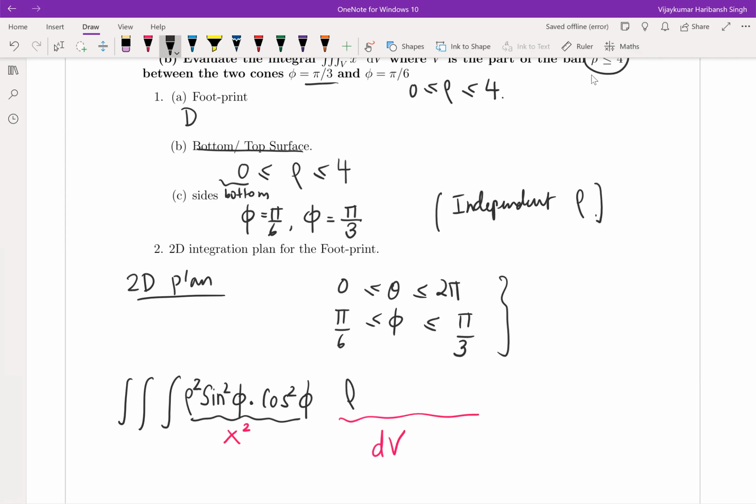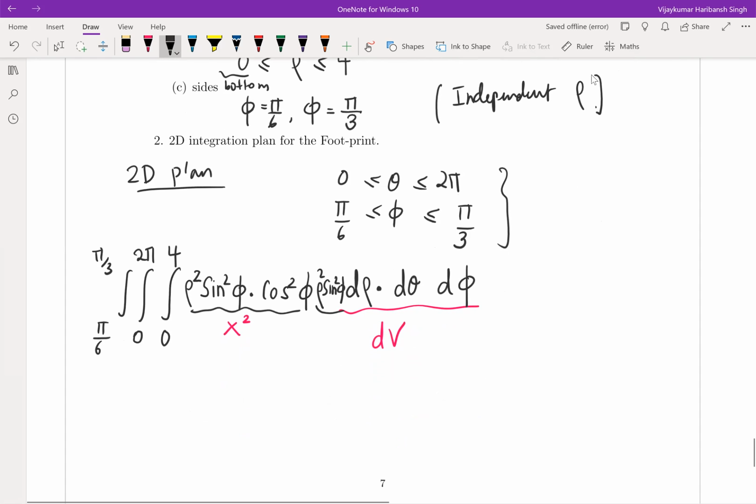We get d rho d theta d phi. So rho goes from 0 to 4, theta goes from 0 to 2 pi, and phi goes from pi by 6 to pi by 3. And now if you notice, there's some error made. What is the error? What is dV? dV is rho squared sine phi.